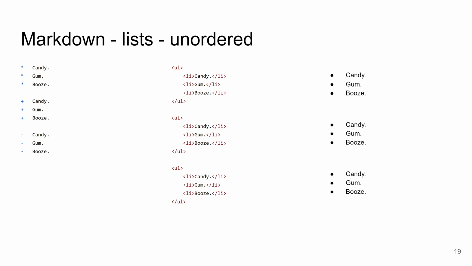So a simple list as you would do it in plain text, and it gets rendered as such. In HTML, this is a bit more complex because you need to have the unordered list element, the UL element, and then you need to start and end each line item or list item. So again, Markdown is a bit simpler here.